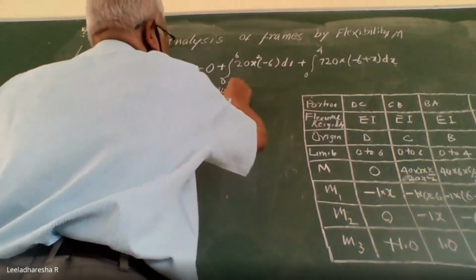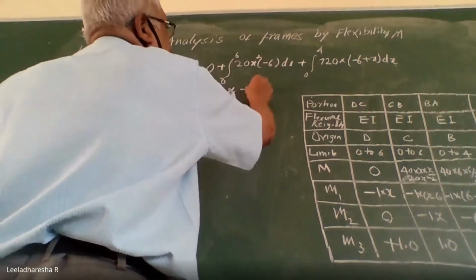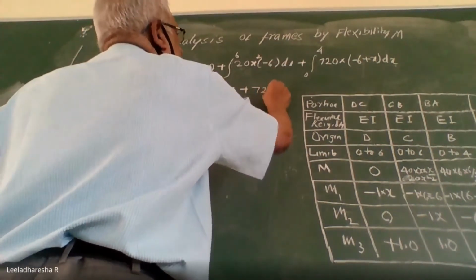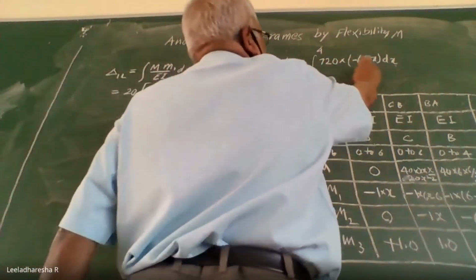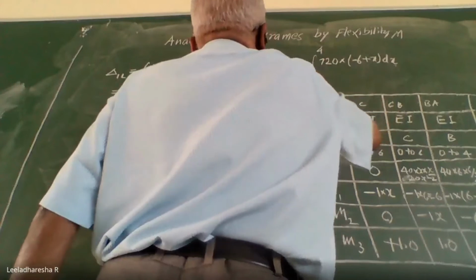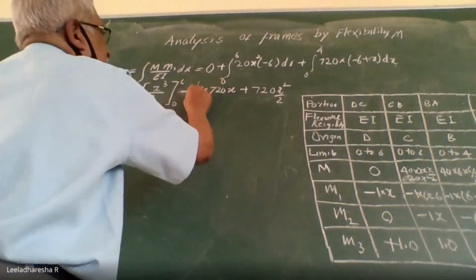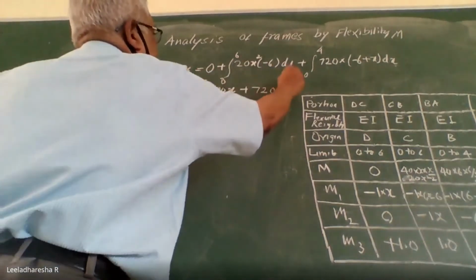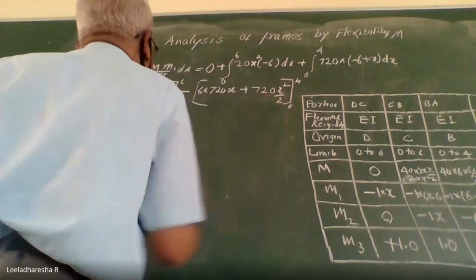Integration of dx is x, plus 720 into x square by 2, between the limits 0 to 4.